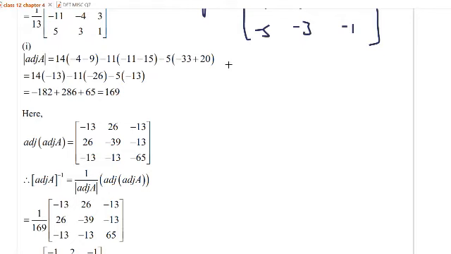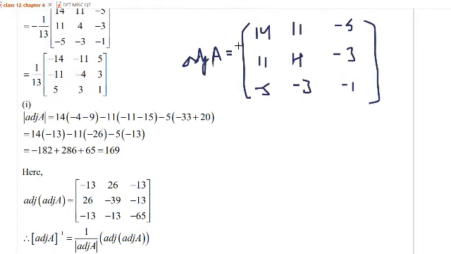So first of all, I'll calculate that determinant by the first row. Writing this 14, changing the sign of 11, minus 11, and then minus 5 as it is. Hiding this 14 by column and row, I'll get minus 4, minus 9.